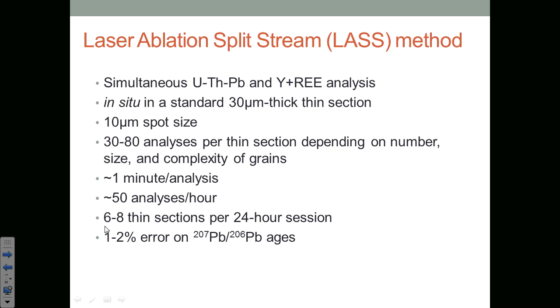So it's a pretty efficient technique. That's in comparison to dissolving the grain for ID-TIMS, where we typically don't do more than about 5 or 6 grains from a sample, and each analysis takes hours. So in a day you can crank through a half dozen, as opposed to capturing literally a couple hundred ages in a day here.